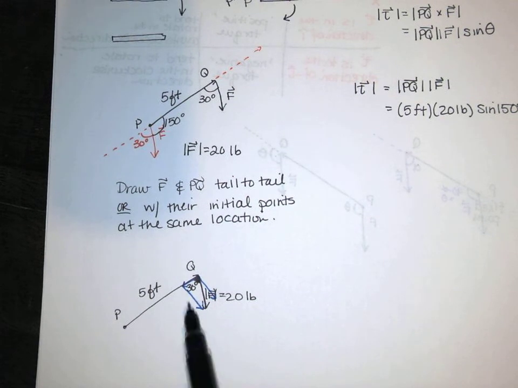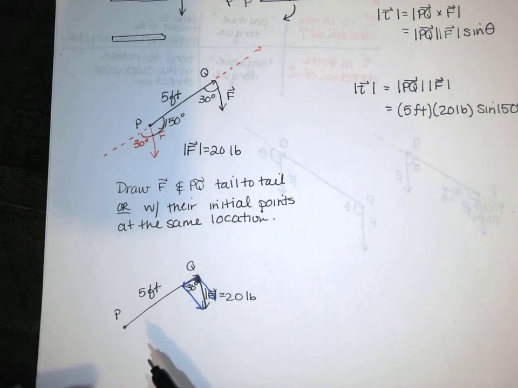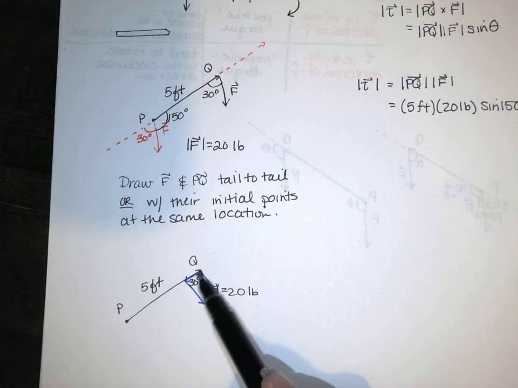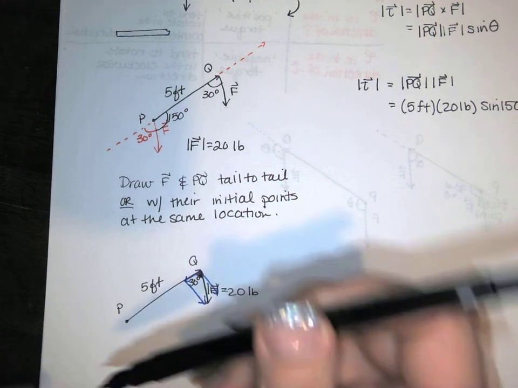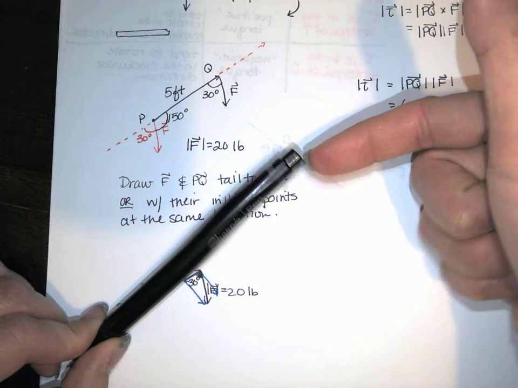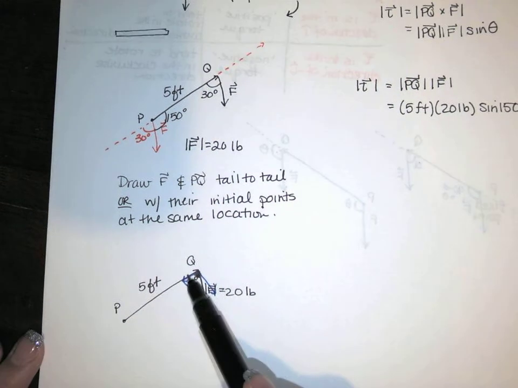Question is, well, what part of this force actually causes the rotation in the first place? Do you see that I'm losing some energy? If I'm applying this force, some of that force is pushing back onto PQ. If this is my moment arm, some of the force is pushing this way onto my pen. It's not doing the work.